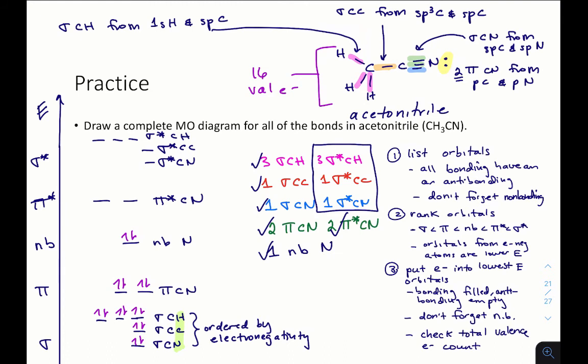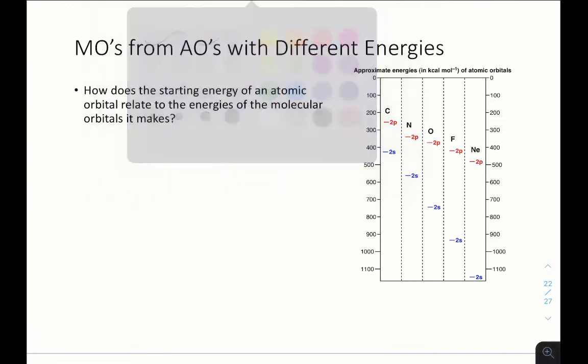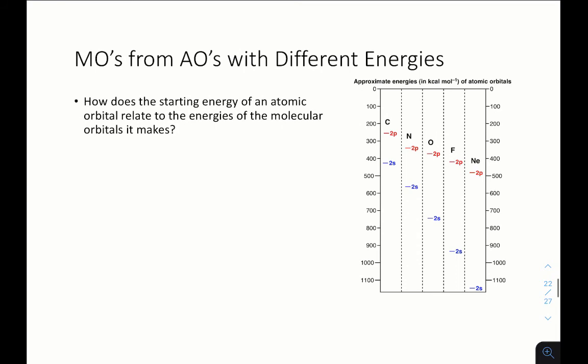All right. You're ready to do some practice problems on your own. Before I set you loose to do that, I want to make sure that we understand where this relative energies of orbitals from more electronegative atoms comes from. The starting energies of atomic orbitals affect the energies of the molecular orbitals that are made.